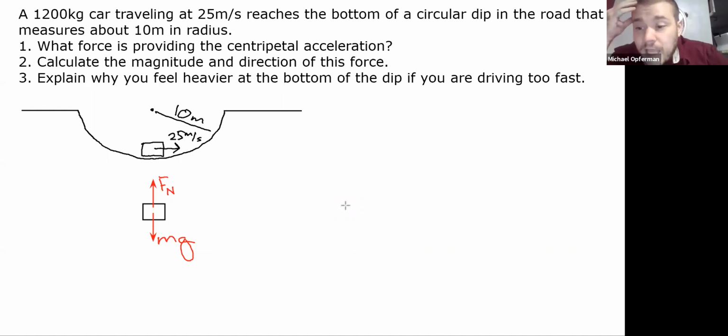Are there any other forces acting on the object here? And the answer is no, maybe surprisingly, because the object is moving to the right. So you might be saying to yourself, if the object is moving to the right, there has to be a force pushing it to the right that's causing it to move that way. Absolutely not.